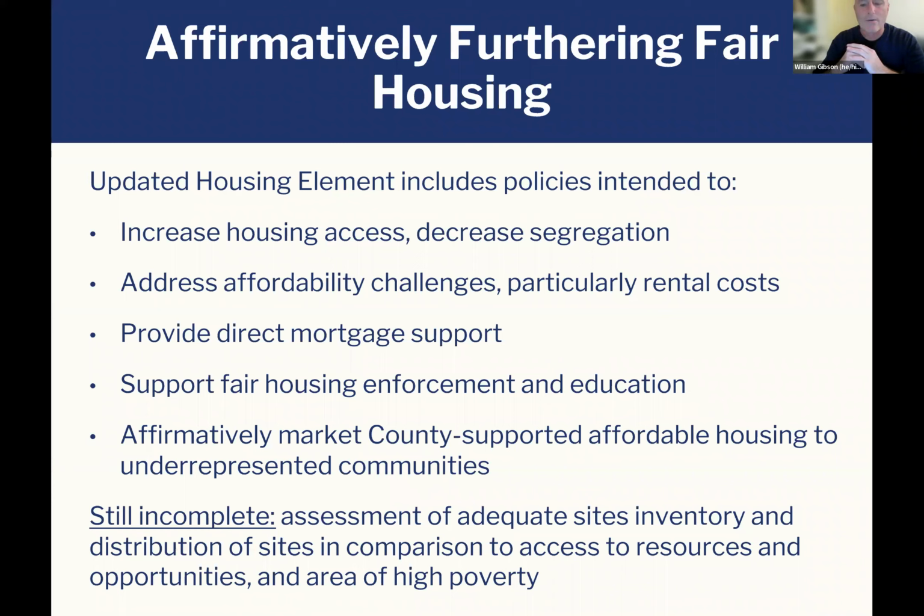Do they further access to resources and opportunities, or would they take lower income populations further from access to opportunities, and do they concentrate areas of high poverty? That is an assessment we are undertaking right now. That is essentially the last component of the housing element that is not complete. And when we have that, the draft will be ready to release, and you'll see that in the draft housing element that is distributed.